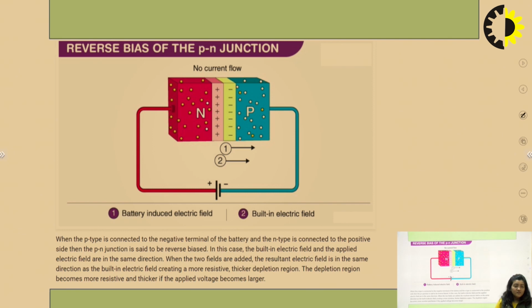In reverse biasing, we connect the negative side of the battery to the P side and the positive side of the battery to the N side.